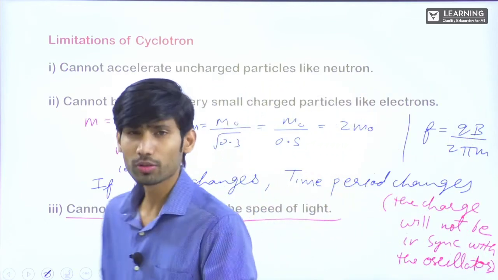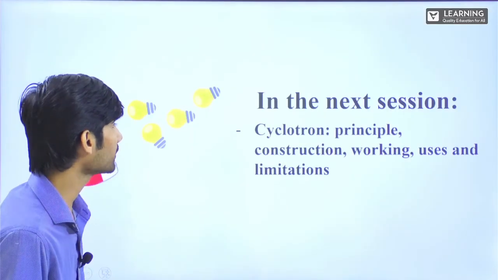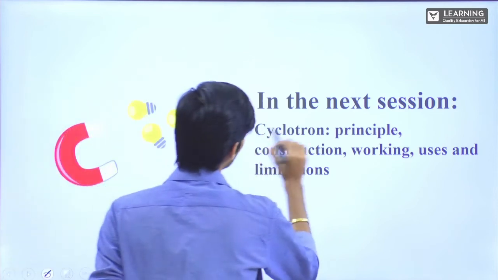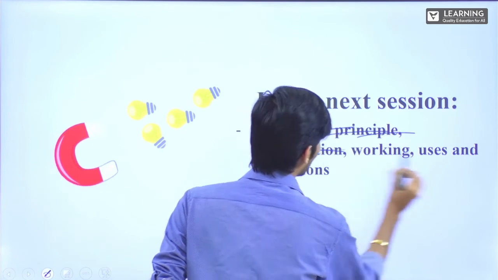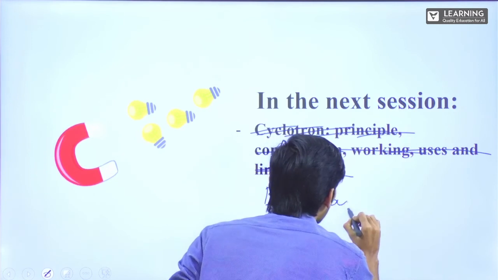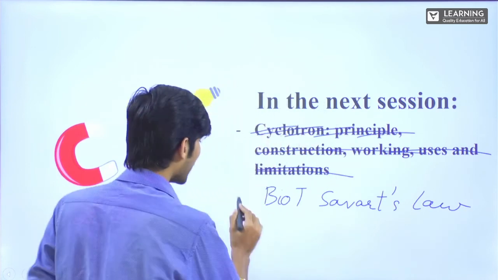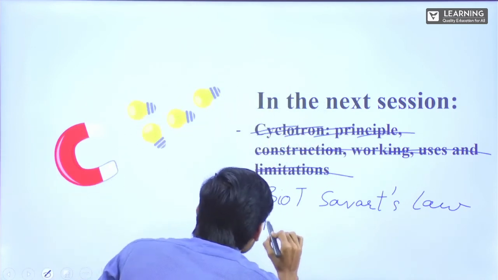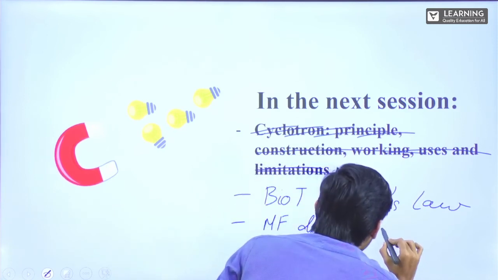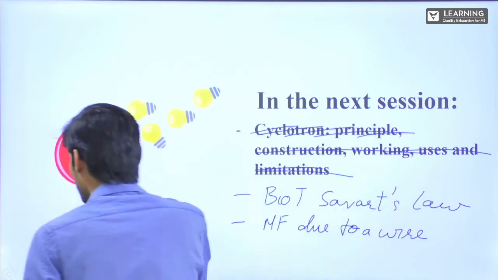Fine. Just revise today's session. In this session, it was only this much. In the next session, we'll be seeing Biot-Savart's law, and we'll be seeing the magnetic field due to a current carrying wire.